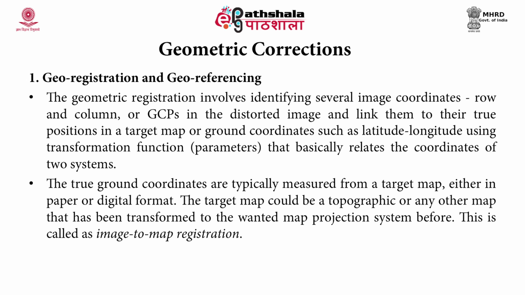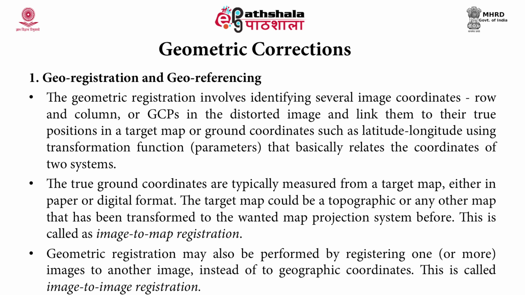The true ground coordinates are typically measured from a target map either in paper or digital format. The target map could be a topographic or any other map that has been transformed to the wanted map projection system before. This is called image to map registration.